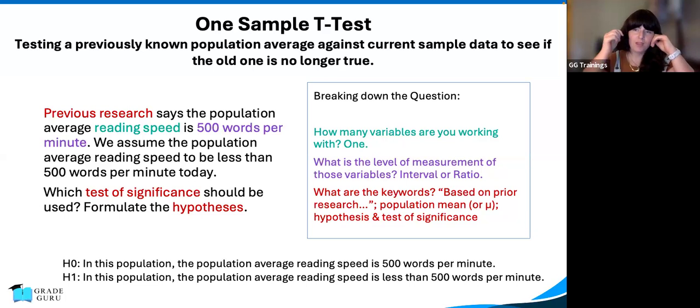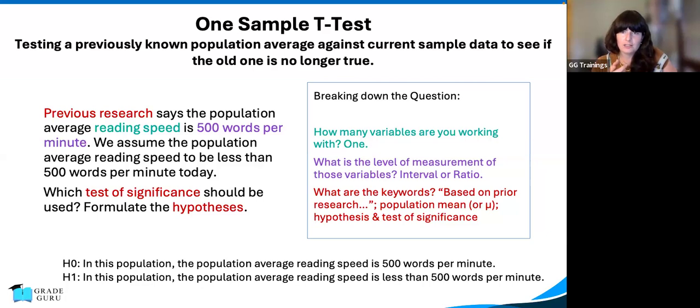They're saying other researchers before me have studied this topic and they've got a population average for this one variable. I am doing my own study now and I get myself a sample mean. And I want to know if my sample mean is far away from the old or the previously known population mean. Because if it's far away enough, if it's different enough, then I'm going to be able to prove that the old population mean is no longer valid, no longer true. Okay.